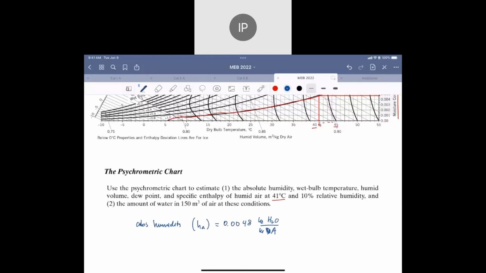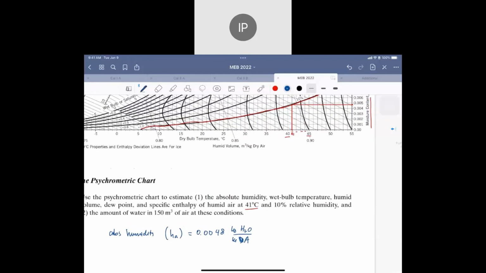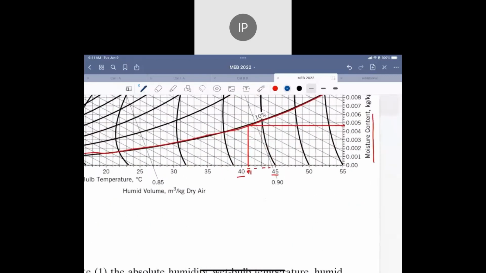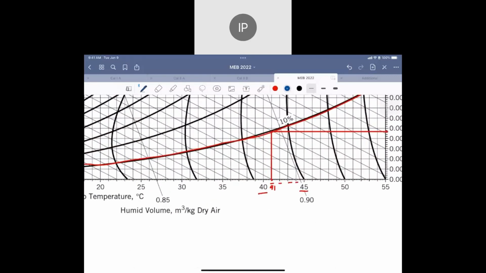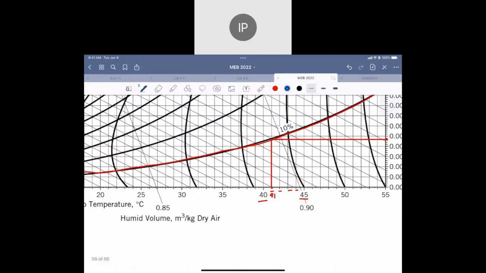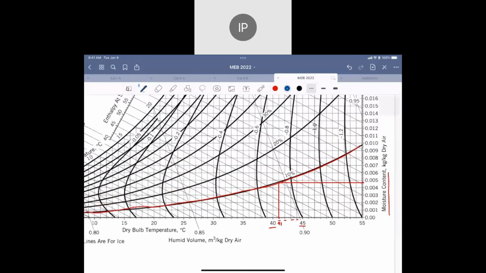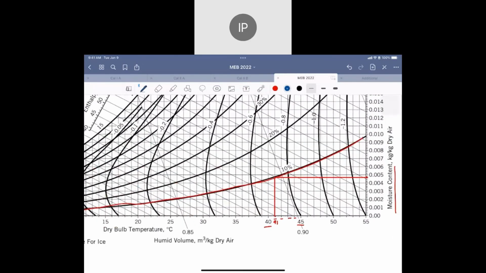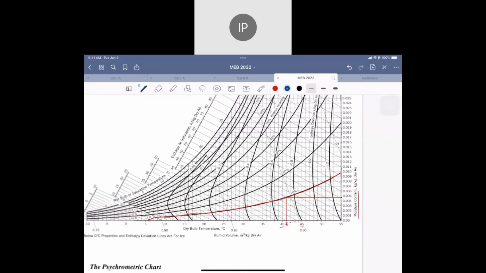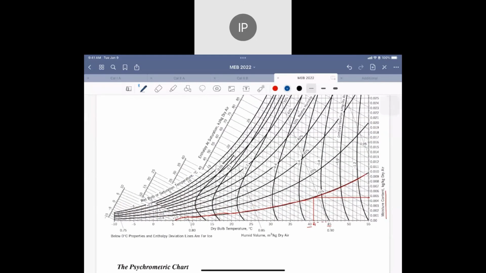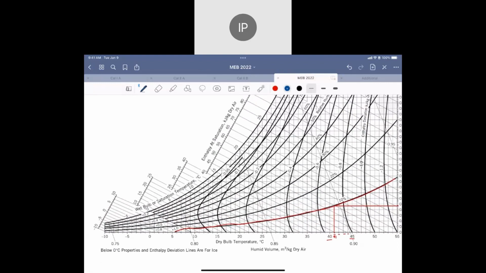Okay, now next one is wet bulb temperature. For the wet bulb temperature, we have this 41 degrees Celsius, right? And then we might have the saturation curve. Where is the saturation curve? This line, the last line, is the saturation curve.